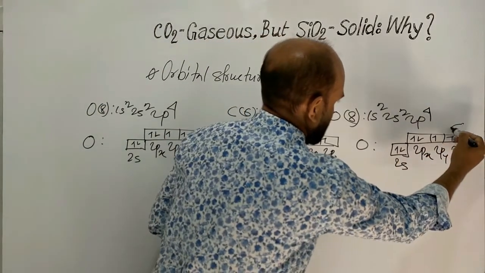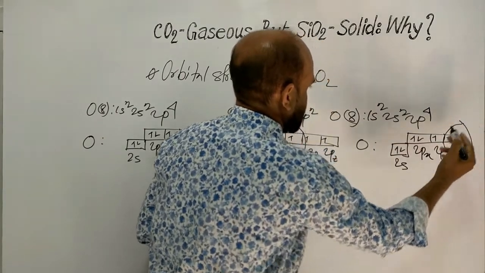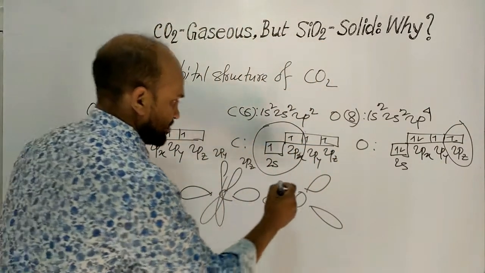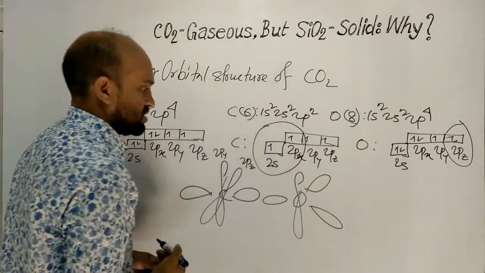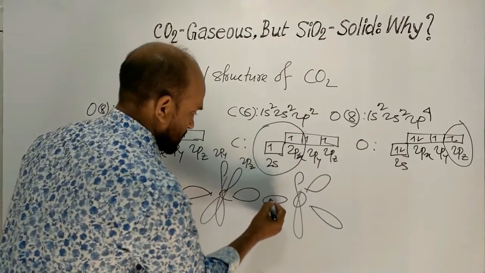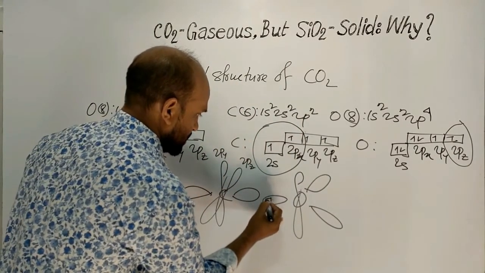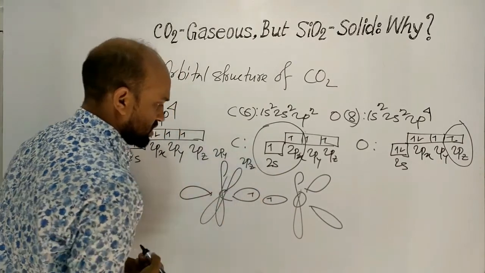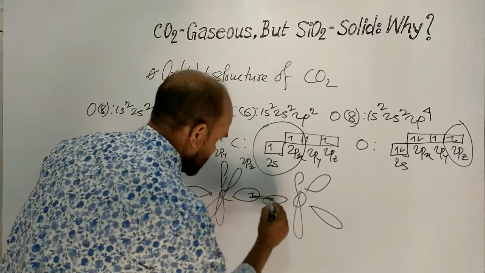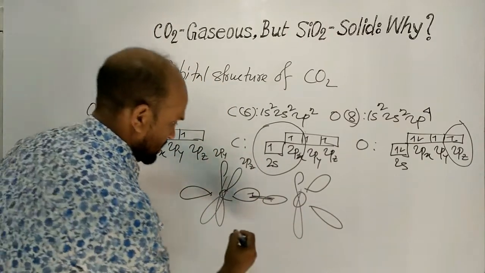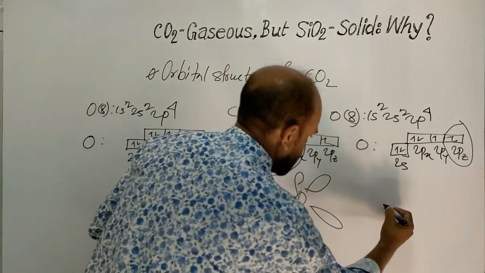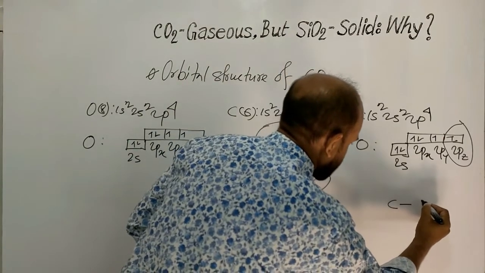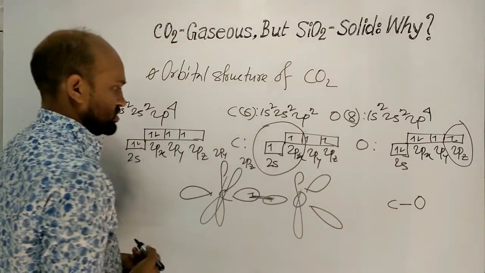And 1 orbital remains unhybridized. This sp2 orbital containing 1 electron and this sp orbital containing 1 electron overlap each other, and then a carbon-oxygen sigma bond is formed.